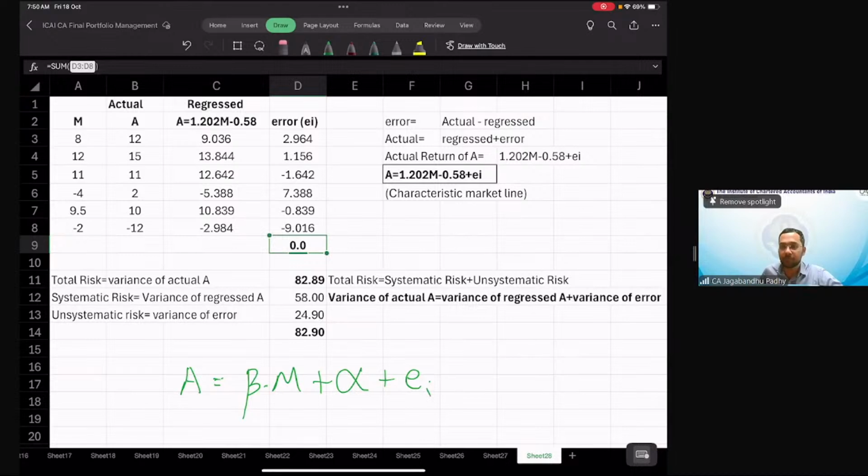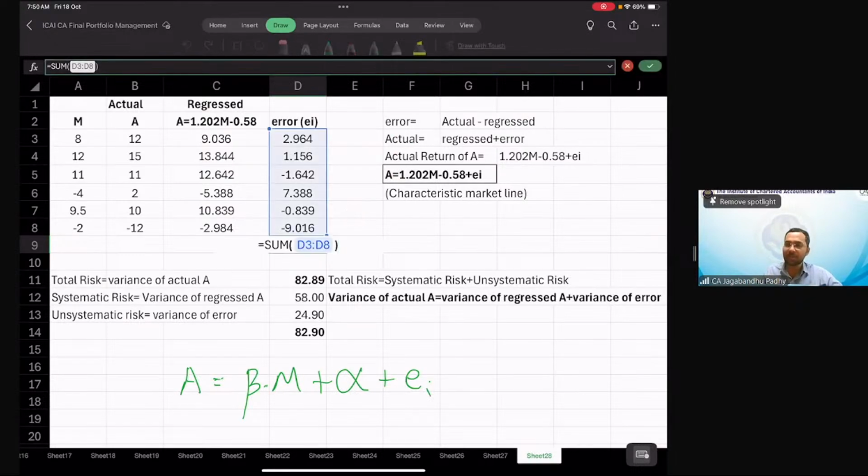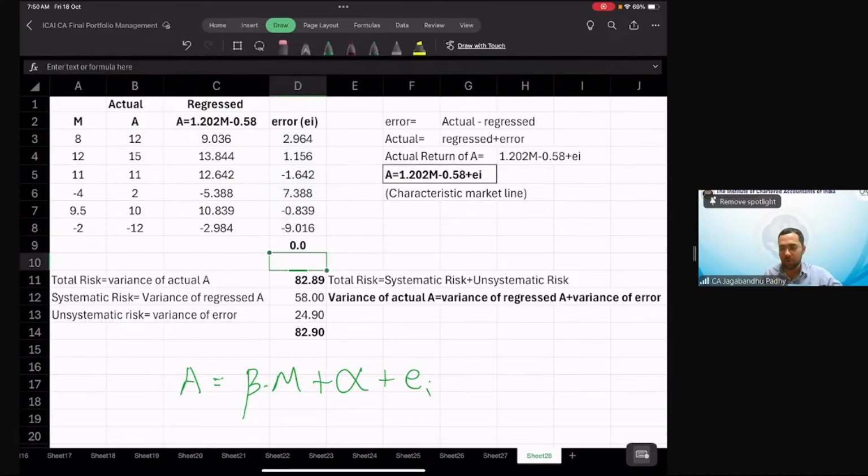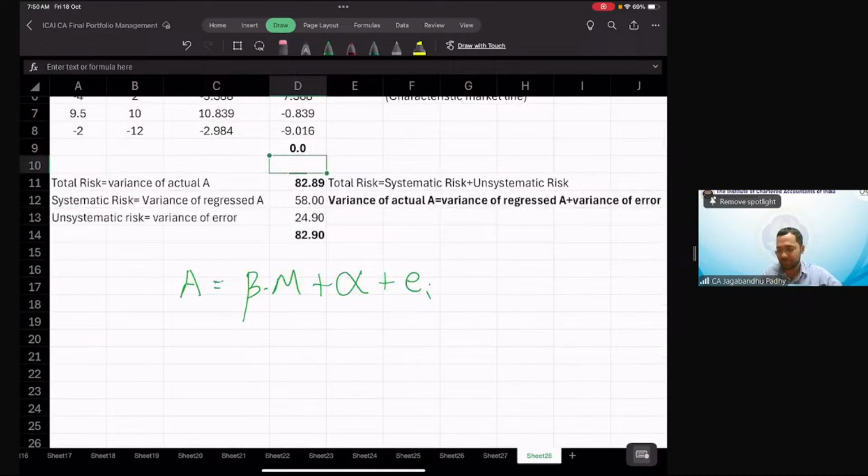Sir, please explain again. Here, the error term total is equal to 0. That doesn't mean variance is equal to 0. How do you compute the variance? Variance of x is summation of x minus x bar the whole square upon n.